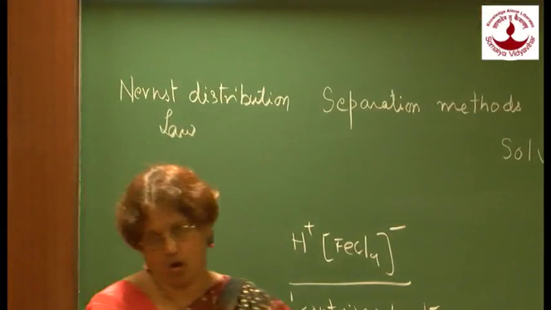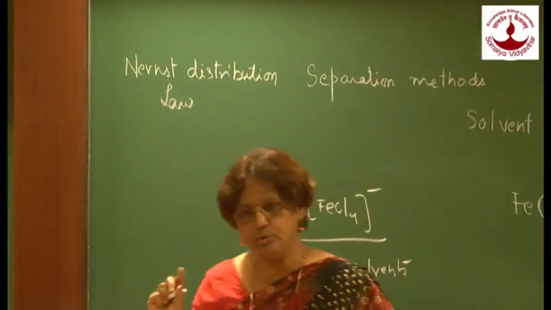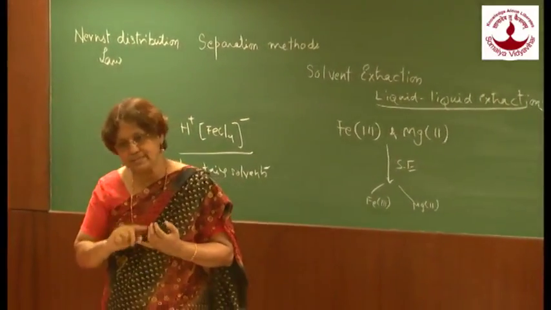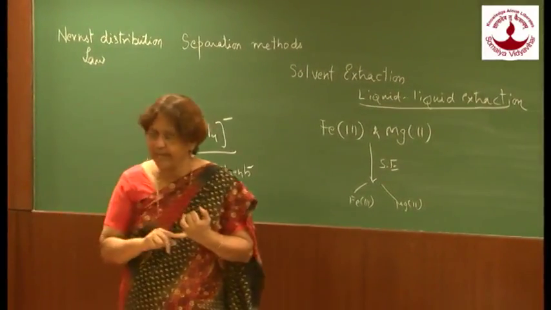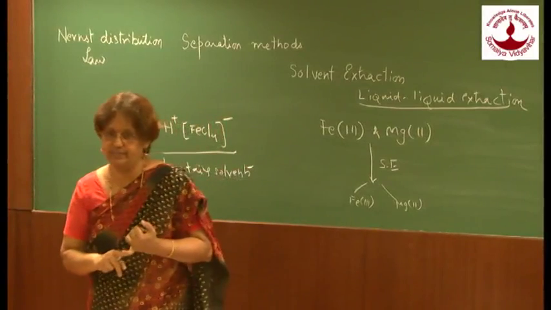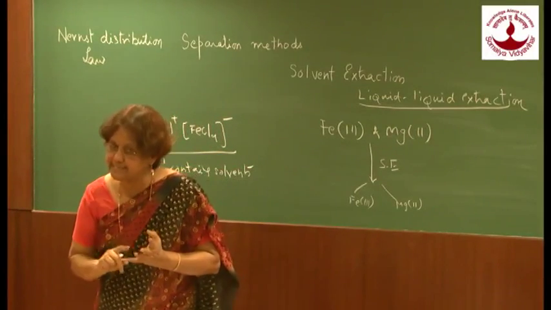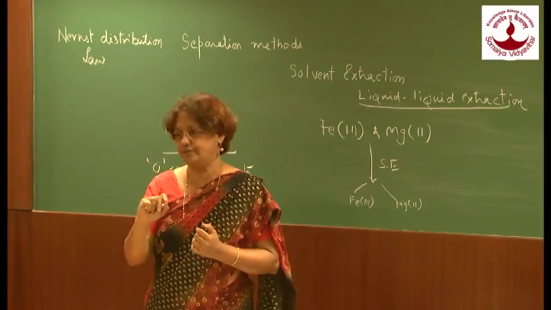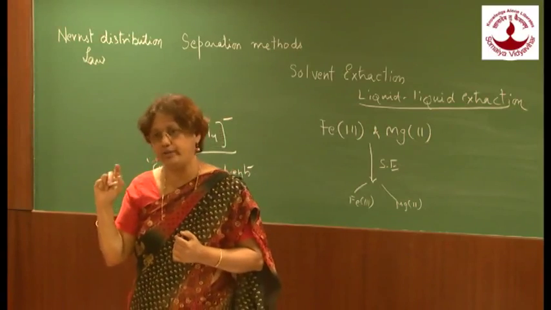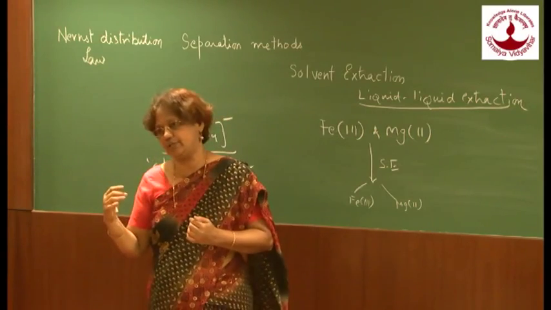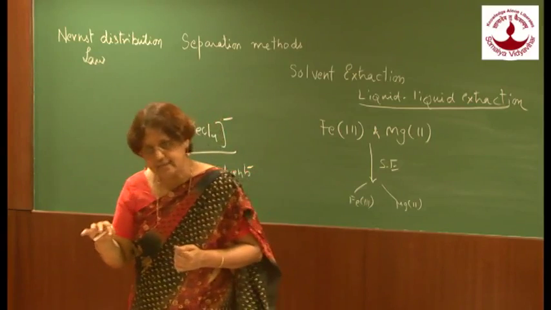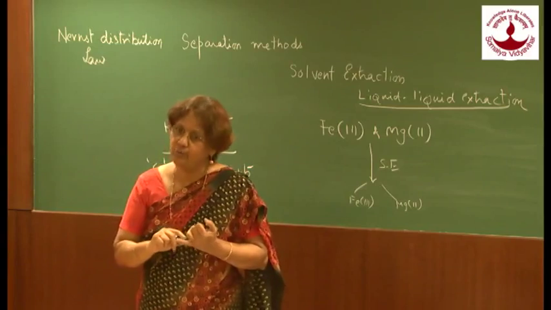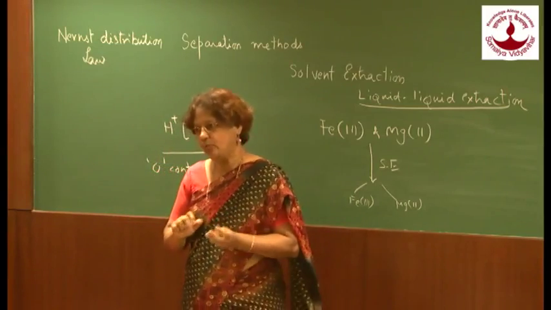Nernst distribution law. Whenever a solute is equilibrated between two immiscible phases, provided the temperature is constant and the molecular state is same in both the phases, the ratio of concentration of the solute in the organic phase to the concentration of the solute in the aqueous phase is a constant called the distribution coefficient or partition coefficient.